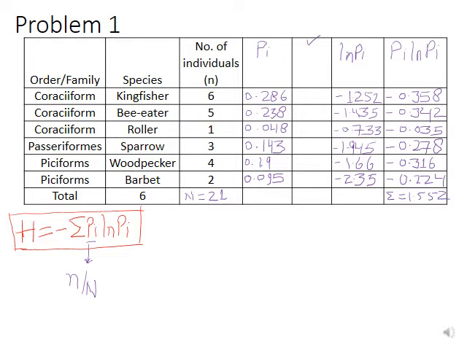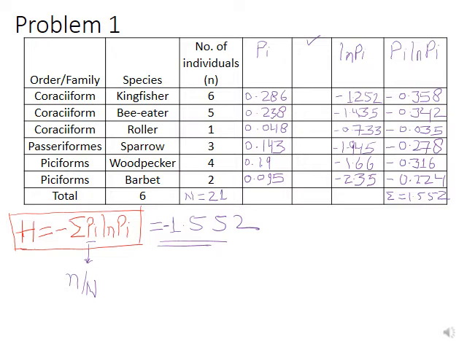What we need to calculate the Shannon index is summation pi ln pi. We have got this value here. Just put this value here. As this is a minus value, use minus.